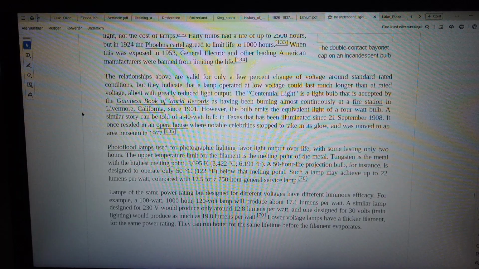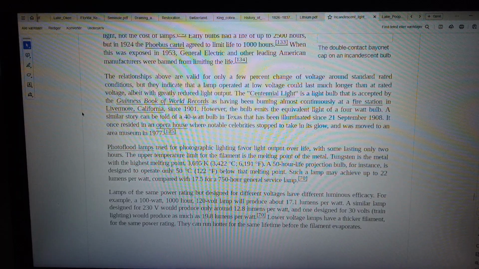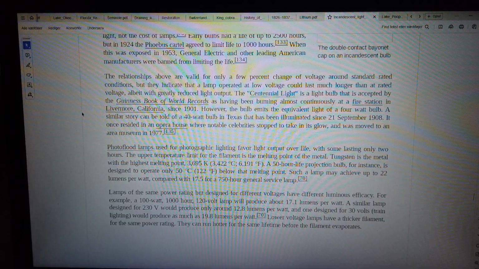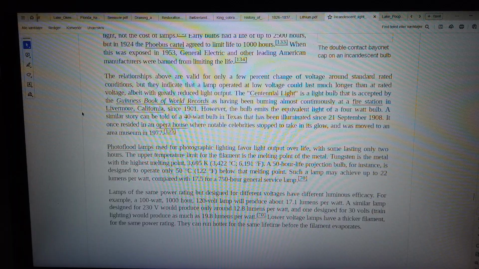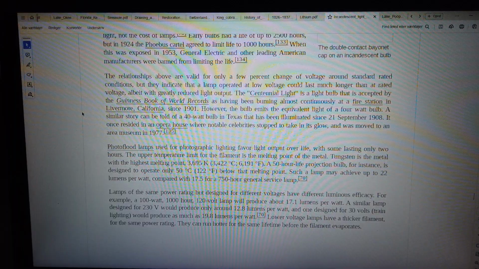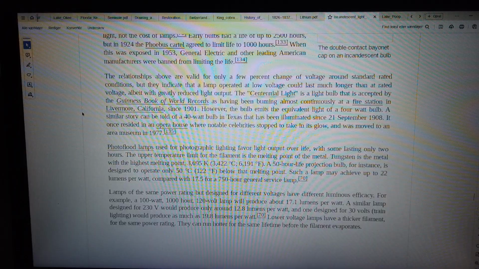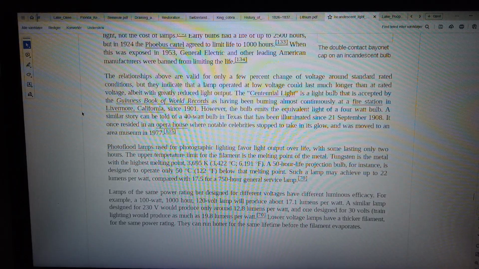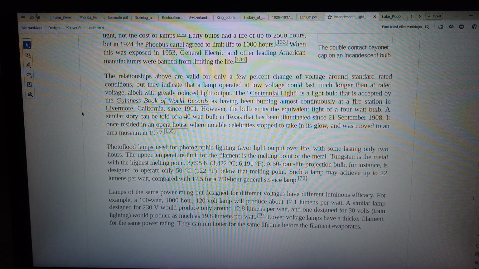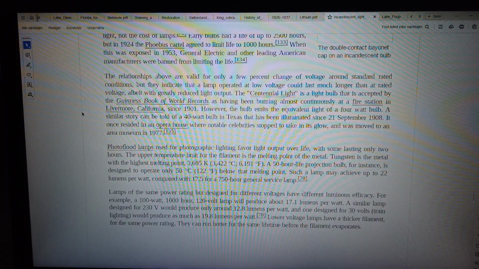Photo flood lamps used for photographic lighting favor light output over life, with some lasting only 2 hours. The upper temperature limit for the filament is the melting point of the metal. Tungsten is the metal with the highest melting point, 3,695 K, 3,422 degrees Celsius, 6,191 degrees Fahrenheit.